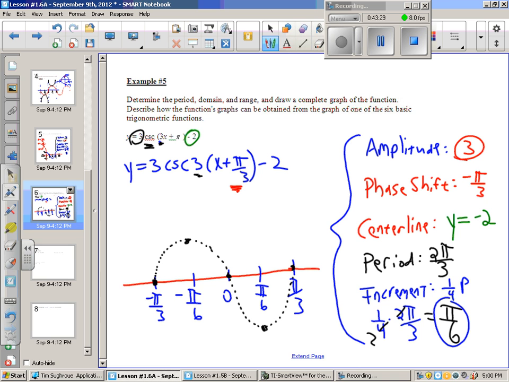But if it is a cosecant, if it's the reciprocal, you must, wherever it crosses the center line, dot in a vertical asymptote, because the reciprocal of 0 is undefined.